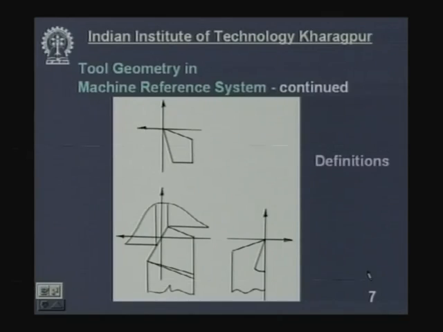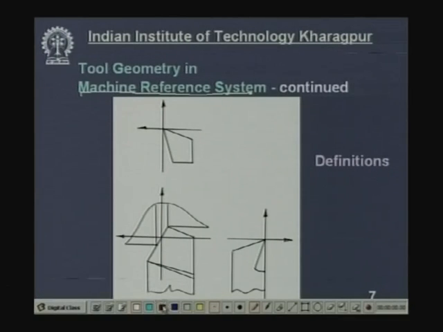Now, come to the tool geometry angles. What would be the angles in the machine reference system? In the machine reference system, also called the ASA system, we shall now visualize the various angles. Say, first, the rake angle. What is this plane? This is the top view, the pi r plane in which this diagram has been drawn, because the velocity vector is perpendicular to the plane.